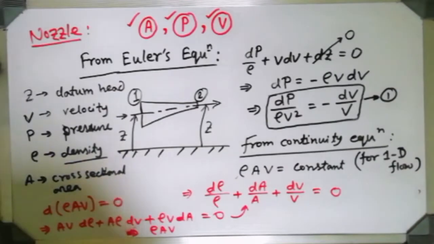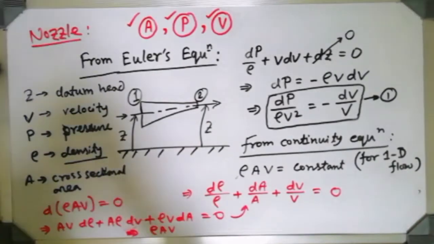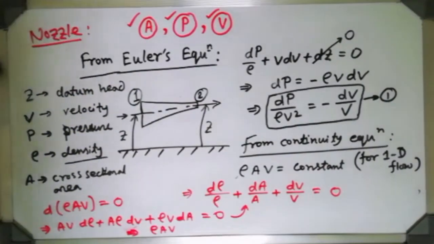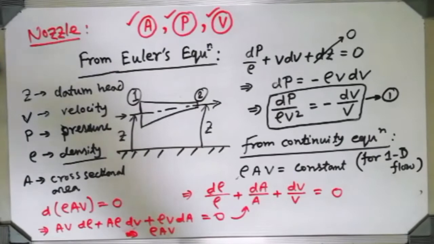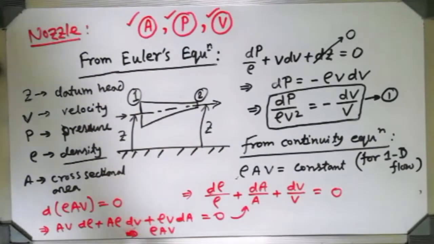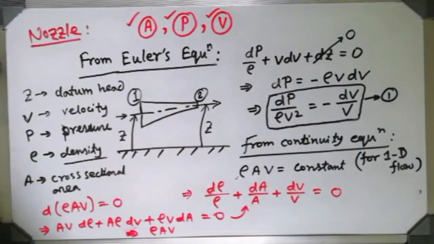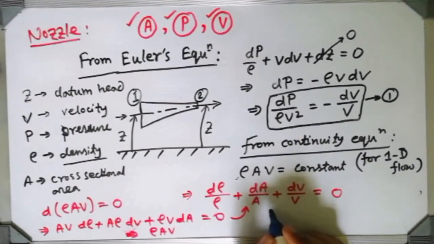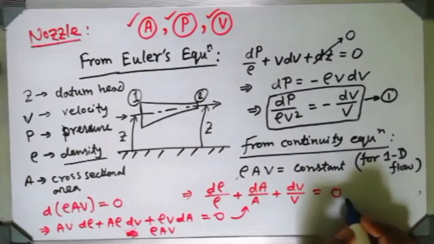If anyone cannot understand, please tell me. Understood? Thank you. So that is the form we need over here, the differential form of the continuity equation.